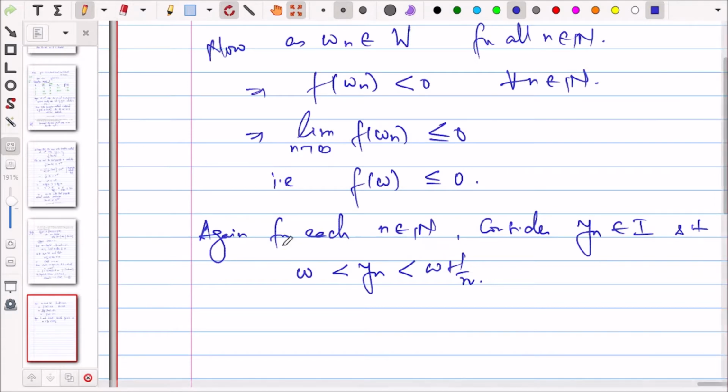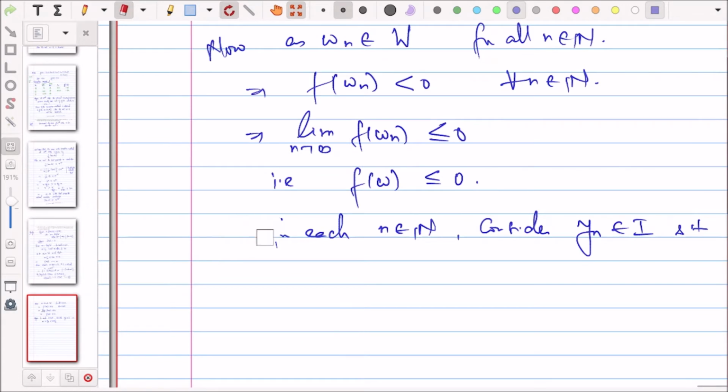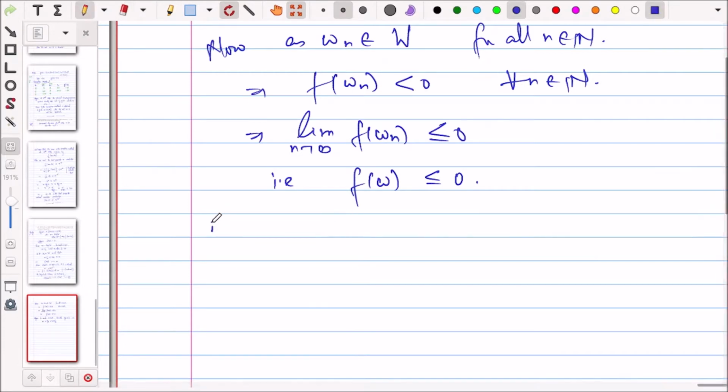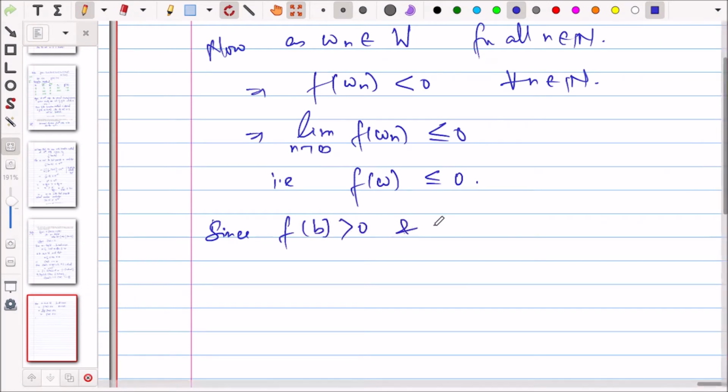Or not 1 by n, because this might be bounded. Now since f of b is greater than 0, and w belongs to I and b is an endpoint of I, this implies w is not equal to b. So there are infinitely many real numbers between w and b.